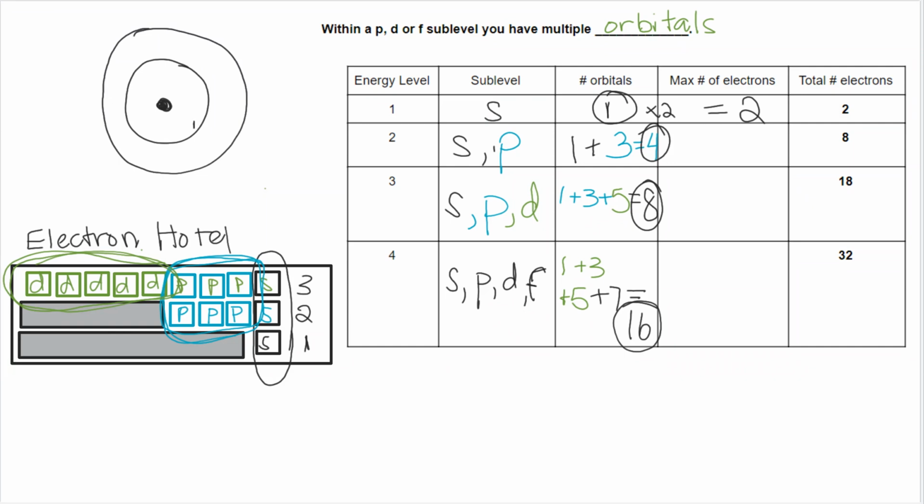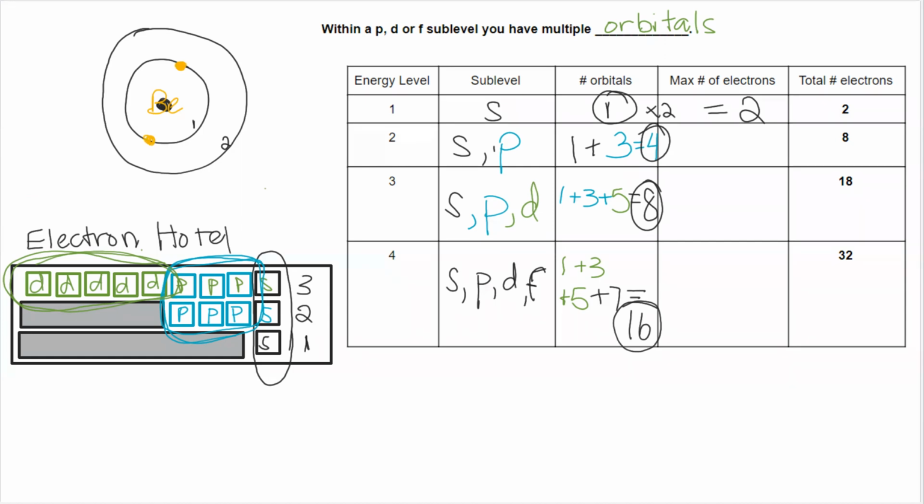So if we were to draw the Bohr model for beryllium, Be, beryllium is atomic number 4, so we know we have 4 protons and also 4 electrons in the neutral atom. 1, 2, and then that maxes out the first energy level.